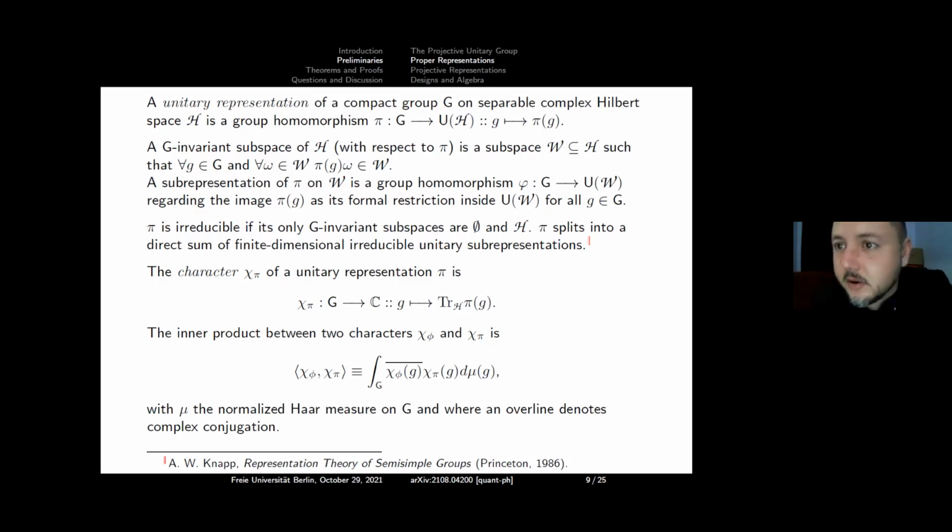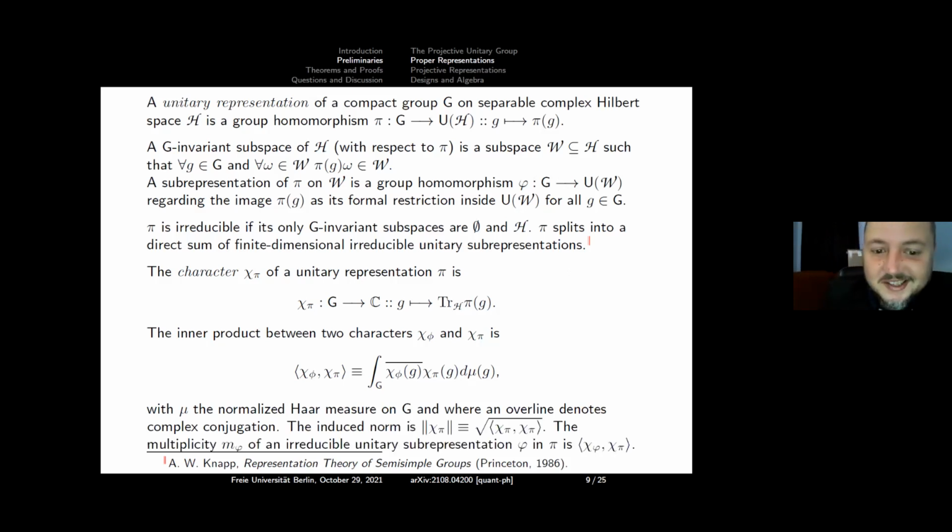Okay, it's a normalized measure. And some of the key Haar properties that we're going to use are: not only is this measure invariant under left and right translations by elements of the group, it's actually invariant under left and right translations by any subset of the group. Okay, so that's the Haar measure, and this is a really well-behaved space.